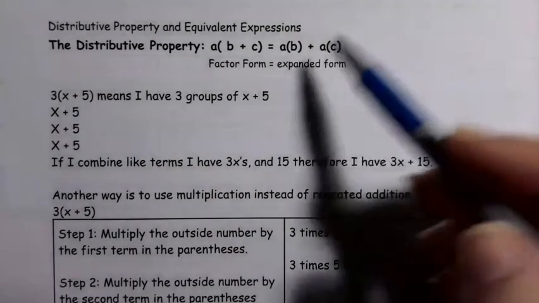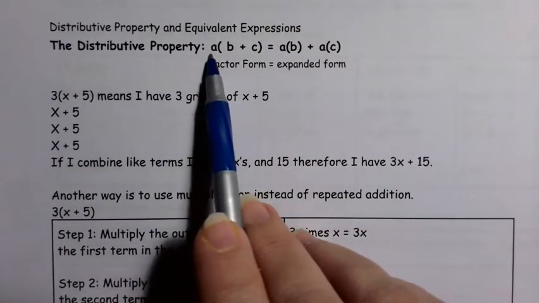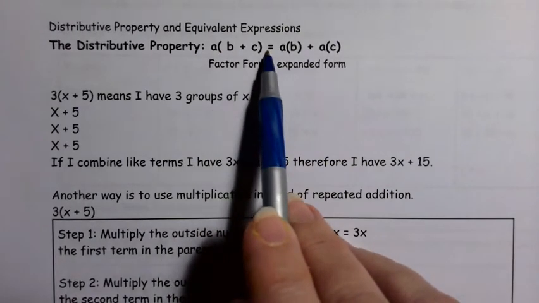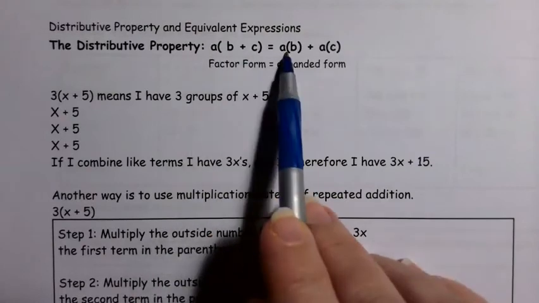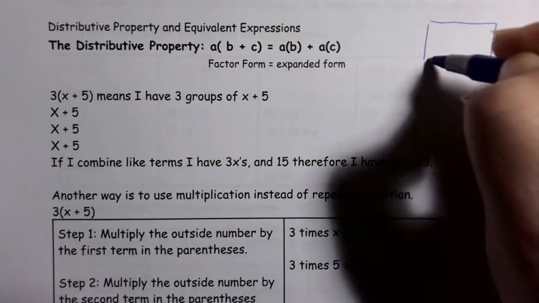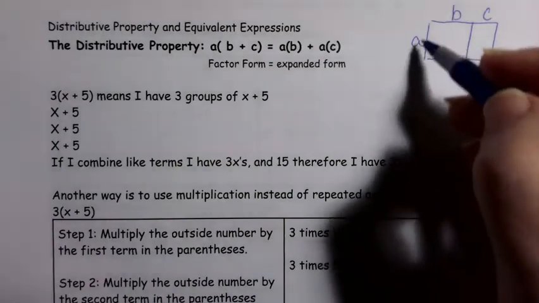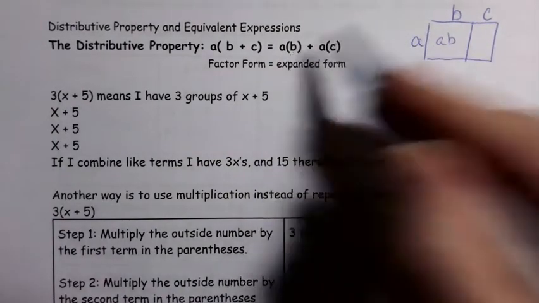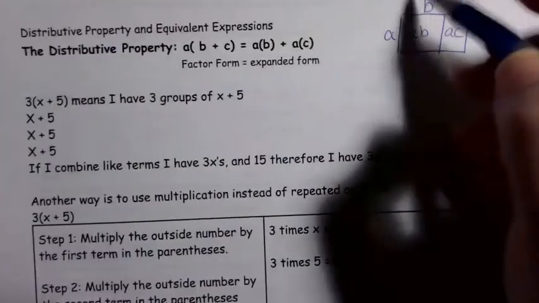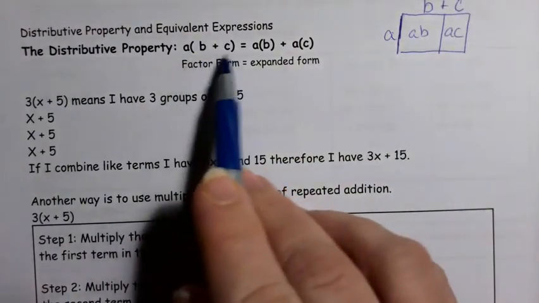Now, if we remember back from the beginning of the year, the distributive property said that I can take this factor A and I have B plus C. Well, that's the same thing as saying A times B and A times C. When we did it at the beginning of the year, we used the visual that here's A, B, and C. And we said A times B, which is that, A times C, which is that, is the same thing as saying here is my length, and my width is B plus C, which comes here.